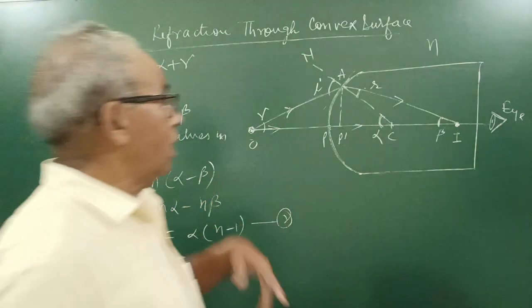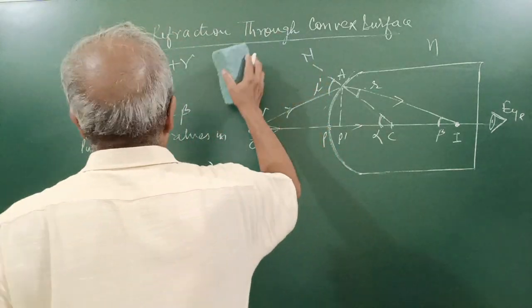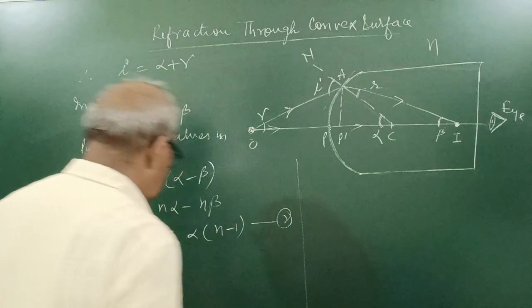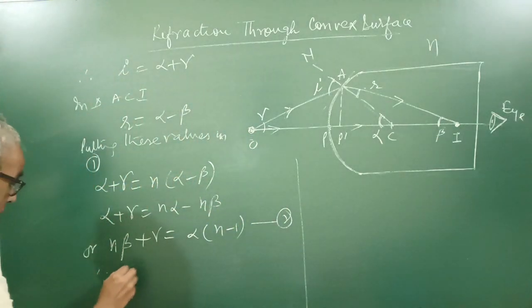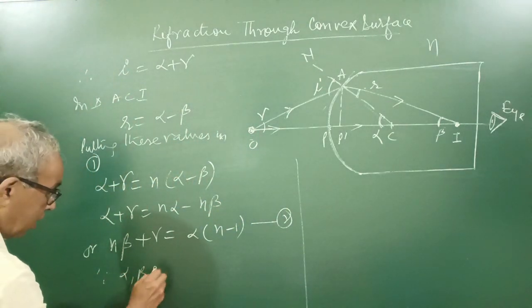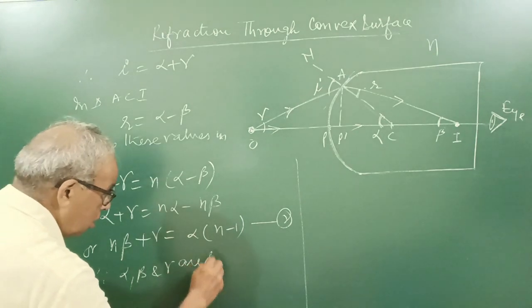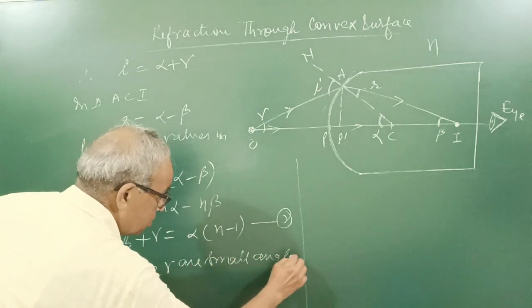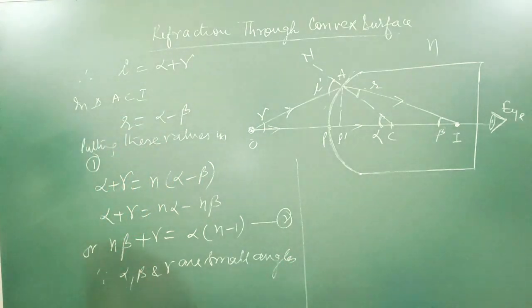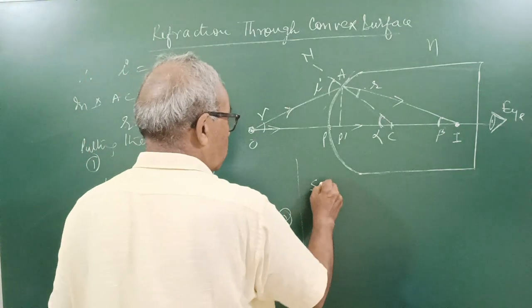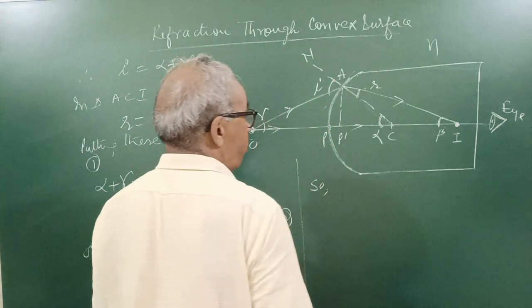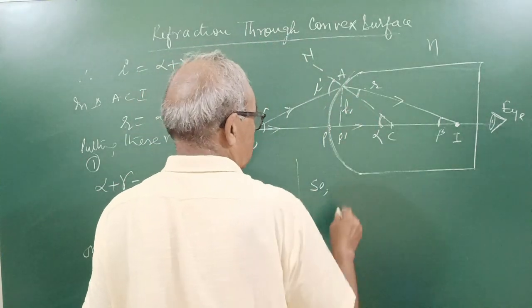Since angles alpha, beta and gamma are small angles, height h, right?